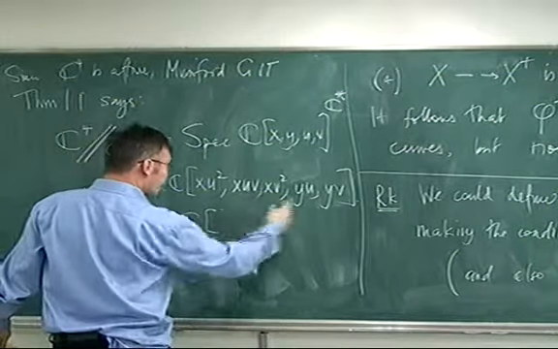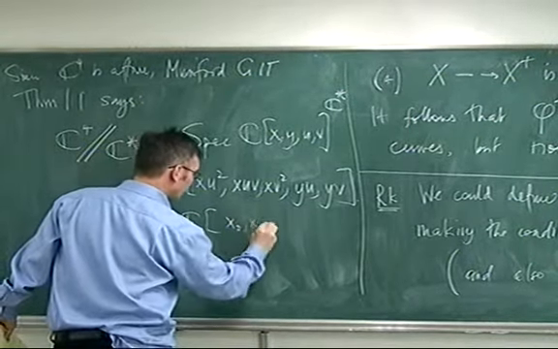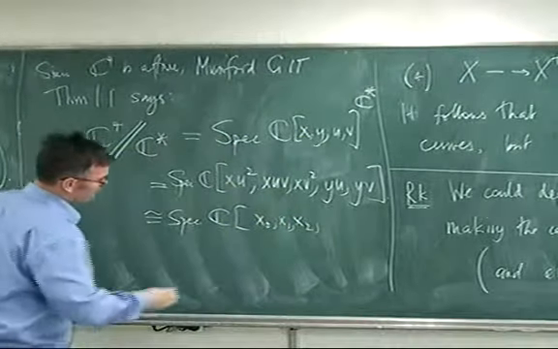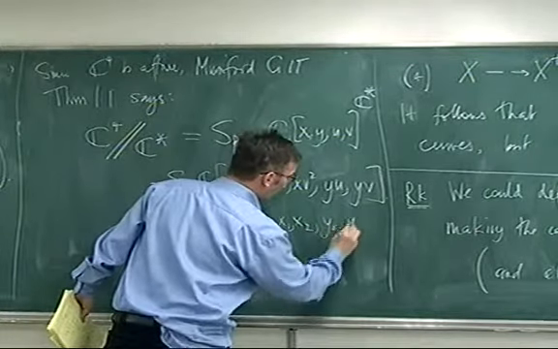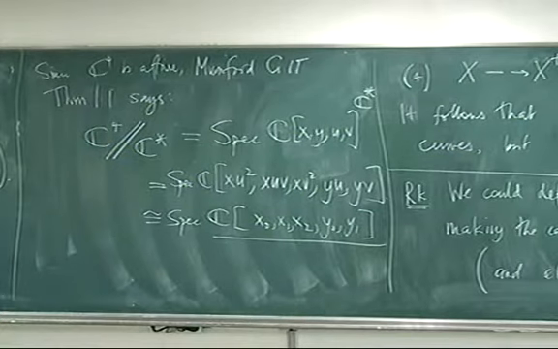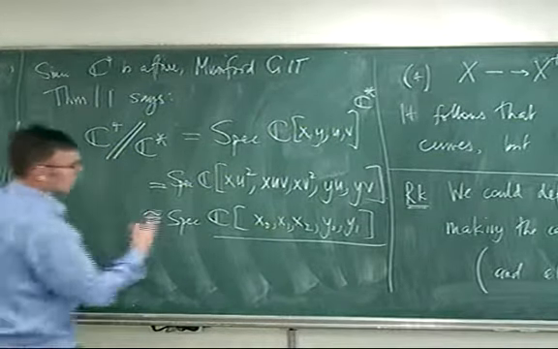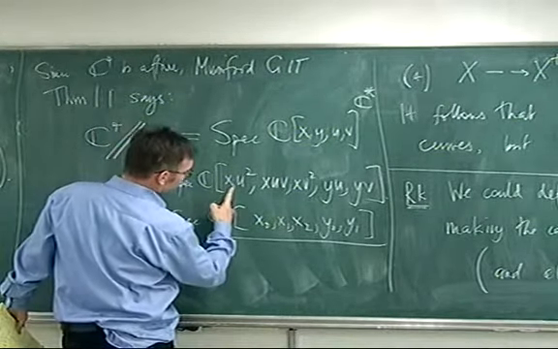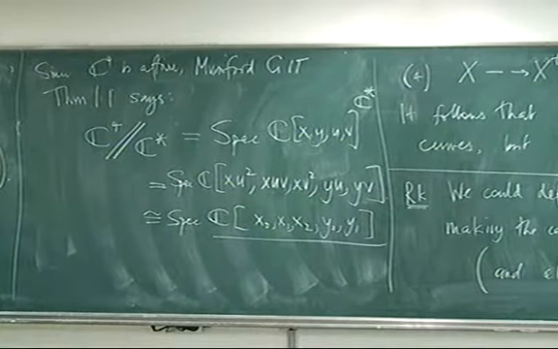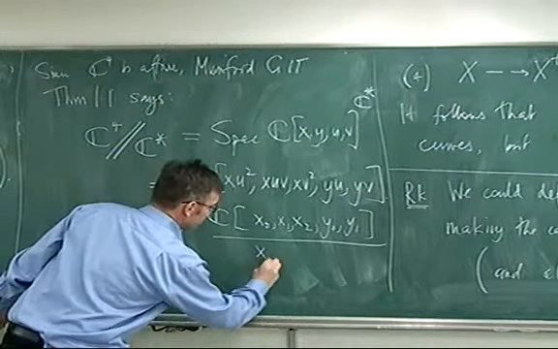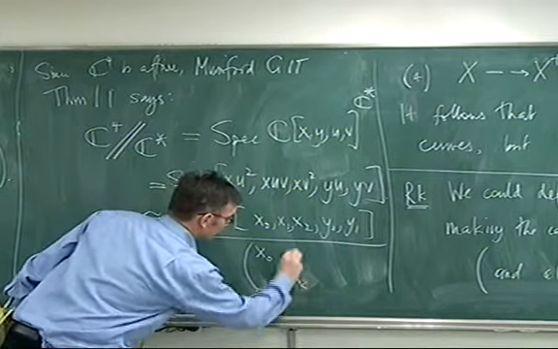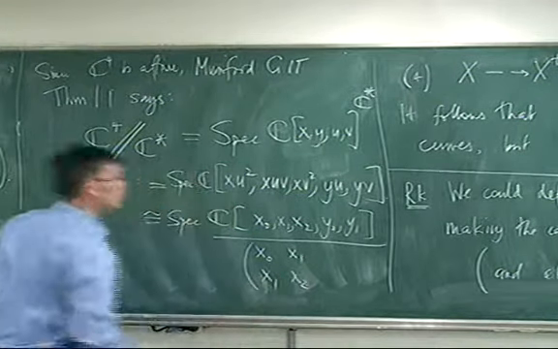I'll give these slightly different names, x0, x1, x2, for those invariants that involve x, and y0, y1, for those that involve y, and now I've got to find the relations between them, and it's the same game as before. I'm sure you've done lots of exercises in this. x u squared times x v squared is this middle one, x u v, all squared. So in other words, x0 times x2 is x1 squared.